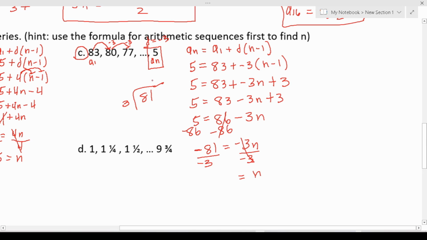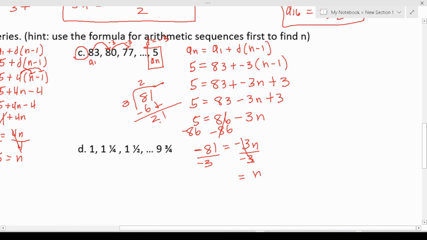Quick way to know if a number is divisible by 3 is by adding the digits in the number. 8 plus 1 is 9. So given that the sum of 8 and 1 is 9, I know this number is going to be divisible by 3 evenly. 3 goes into 8 2 times without going over. 3 times 2 is 6. 8 minus 6 is 2.